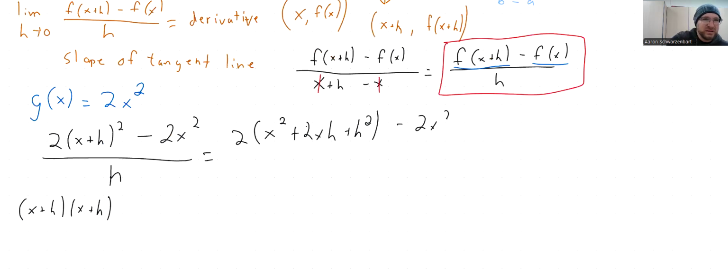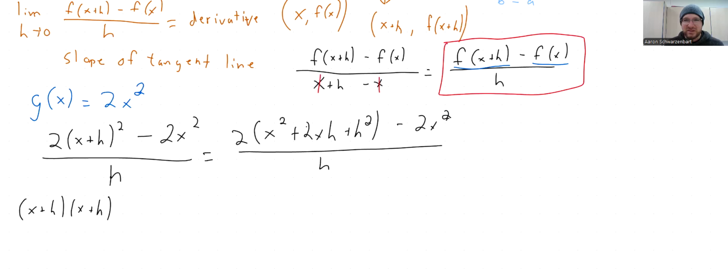Sorry, didn't mean to make that move. Anyways, it still works, I guess. Doesn't want to move back. 2x squared all over h.